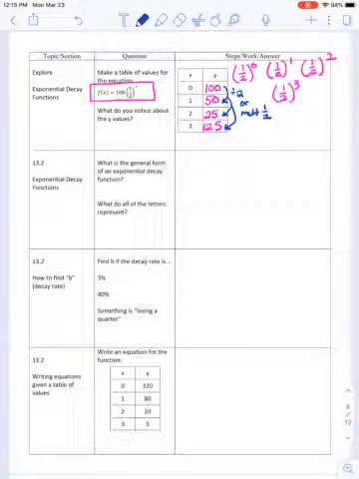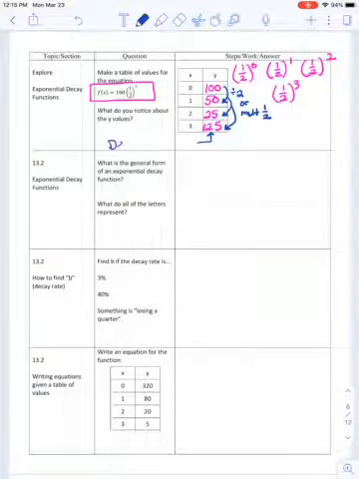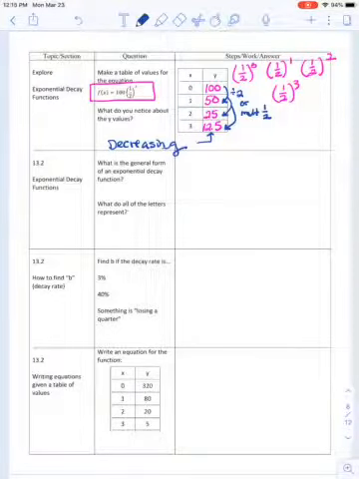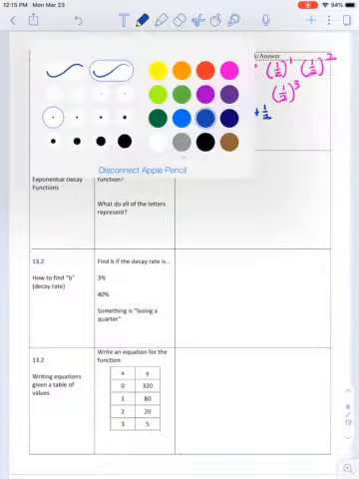The other thing that we see about my y values is they are getting smaller and smaller and smaller. They're decreasing, and that's what's going to happen in decay. In growth, our numbers are getting bigger and bigger, really big, really fast. And in decay, our numbers are getting smaller.